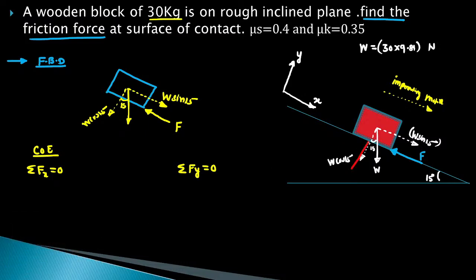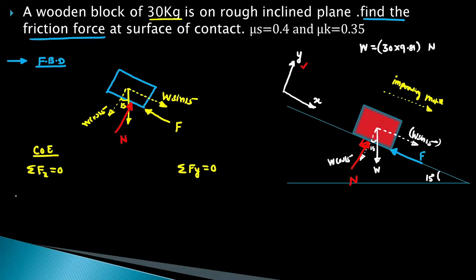So this is the normal reaction, exactly along the y direction. We just have to resolve this W and find the W sin 15 x component and W cos 15 y component. Now write the summation Fx.